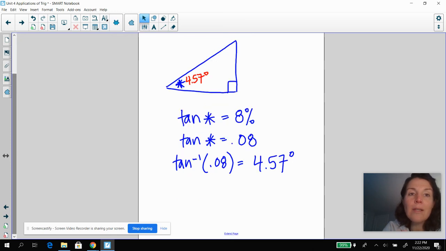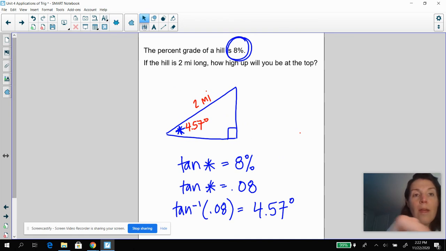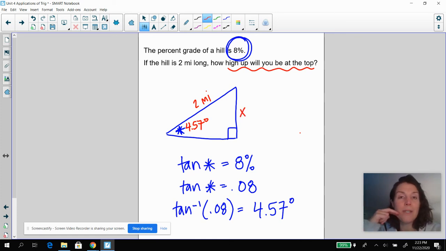The hill now is 2 miles long. So if this hill is 2 miles, I want to know how high up I'm going to be at the tippy top. So if this is my question, that's going to be my unknown. So now my problem is actually really easy. Versus this 4.57 degree measurement, I know that I have the side opposite over the hypotenuse.